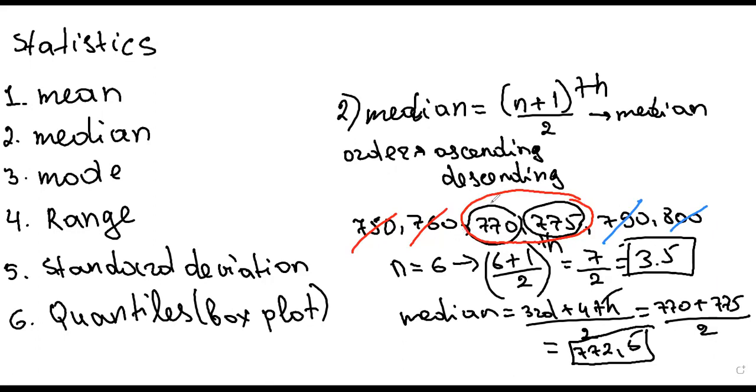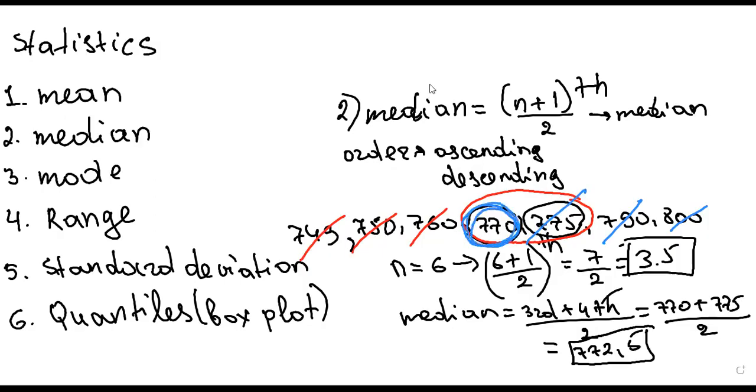But if you have seven numbers, right? Let's write the seven numbers, let me adjust here, with 749. If I eliminate one from the left, one from the right, and again one from the left and one from the right, this number is going to be our median.